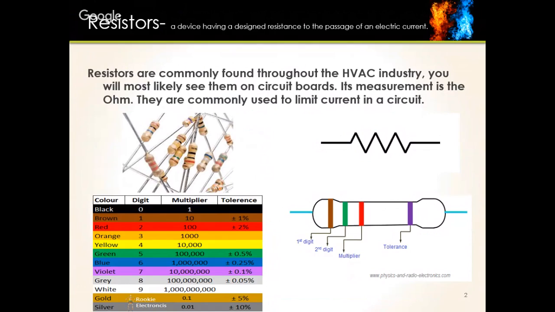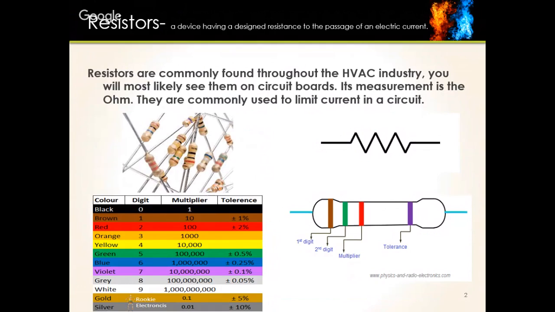So on this guy, if we were to hook this resistor up to our meter and check it out, the tolerance is what, plus or minus 5? What do we got? 0.1. So that's the amount of tolerance that we get to have on this resistor: it's going to be 15K plus or minus 1%.